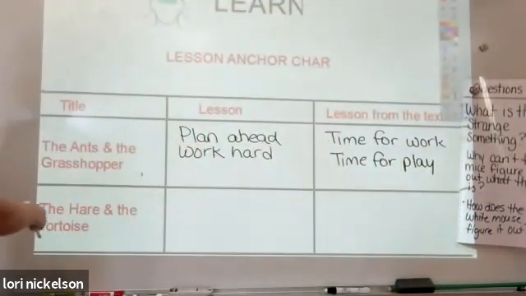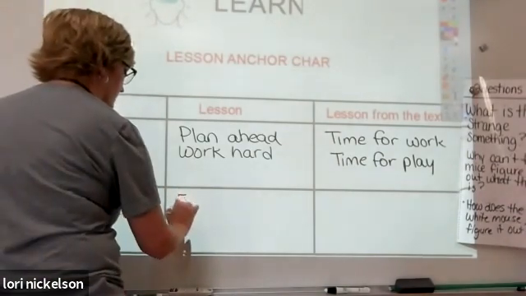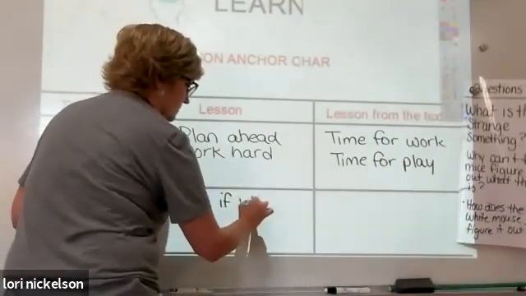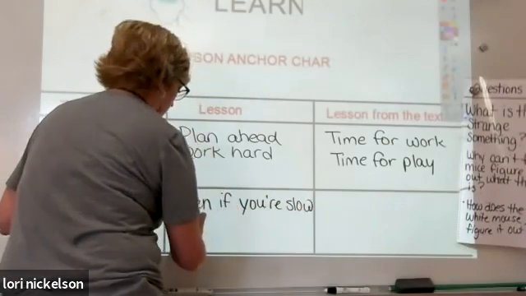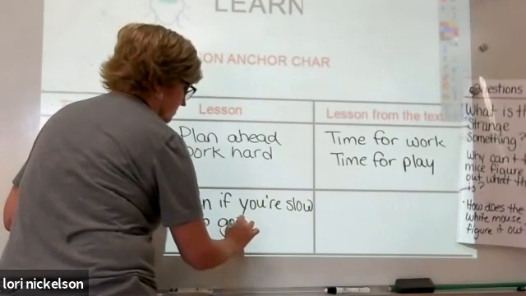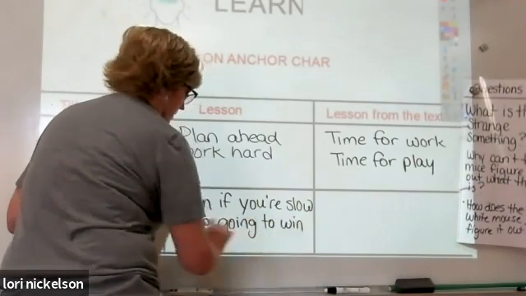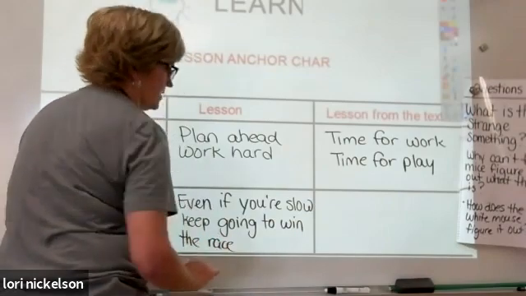Great. Now let's think about the hare and the tortoise. Even if you're slow, you can keep going to win the race. So even if you're slow, keep going to win the race.